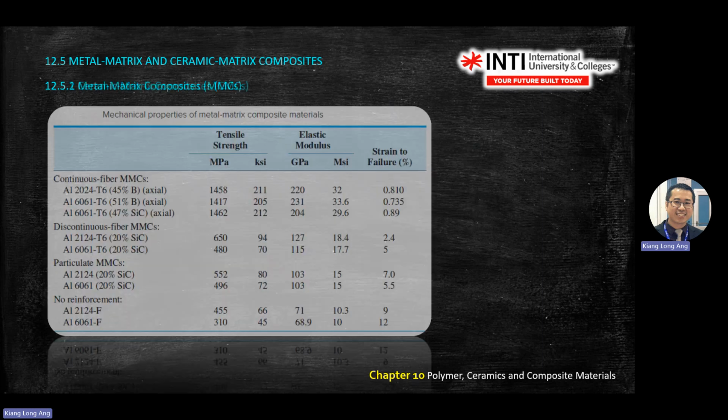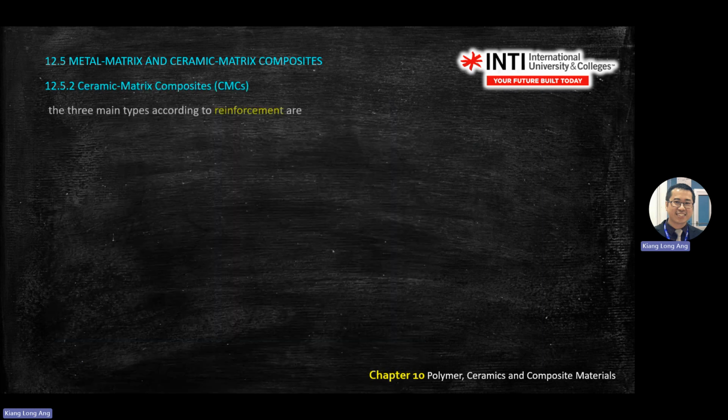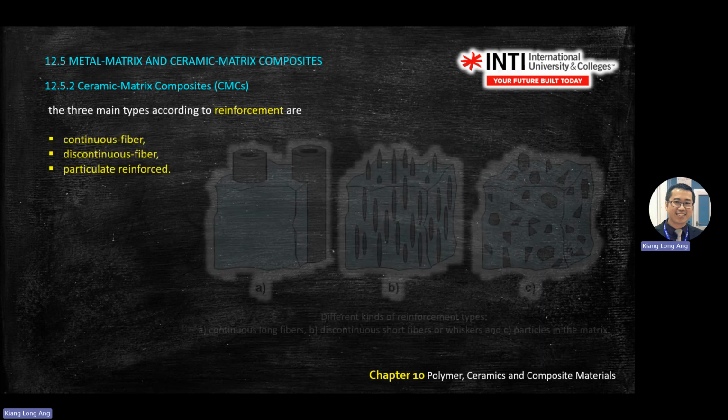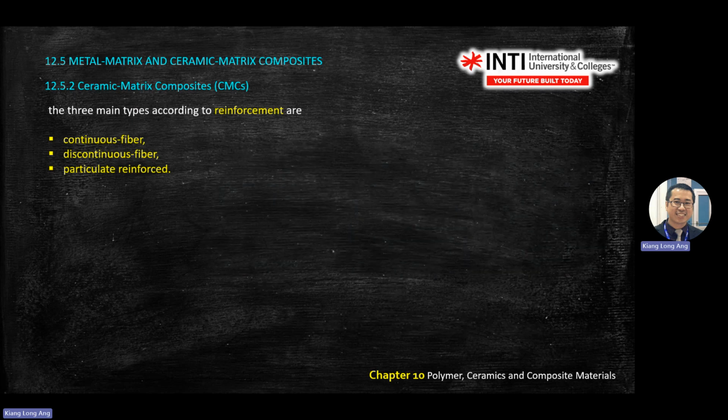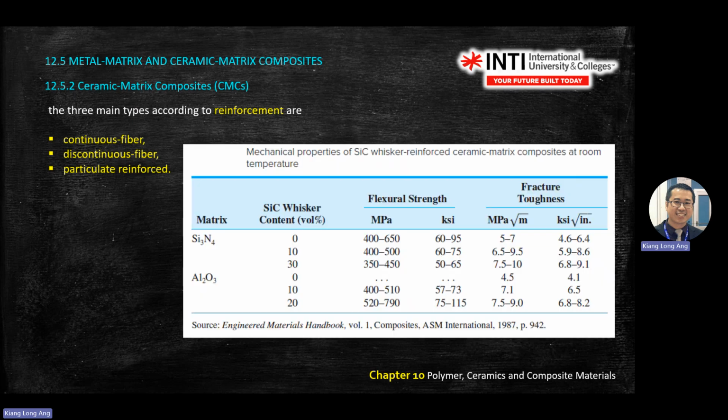And just now is metal matrix. This one is ceramic matrix. People start to mix ceramic inside there. So same, you have the same three orientation of fiber: continuous, discontinued, or particulate. Same like this one is the ceramic matrix properties, Si and aluminum oxide matrix.